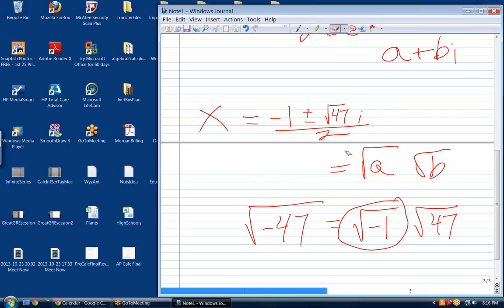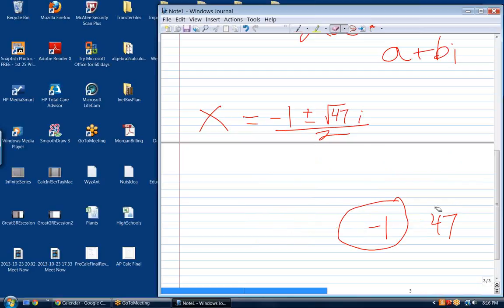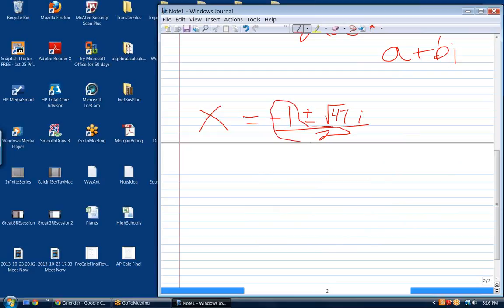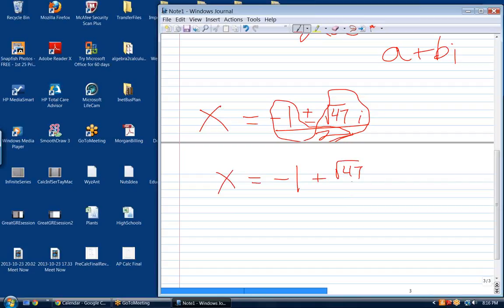And now, if I want to get it into this format, I have to split this up into two fractions. That fraction and that fraction. So my x value really is minus 1 half plus square root of 47 over 2 i.